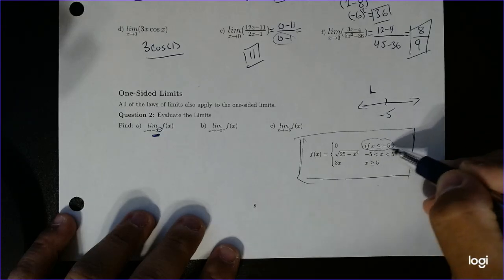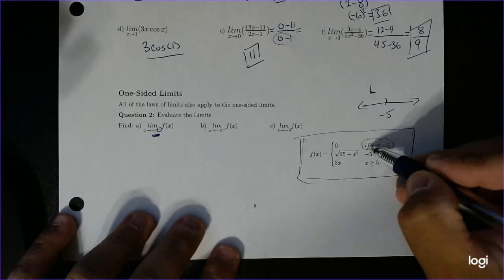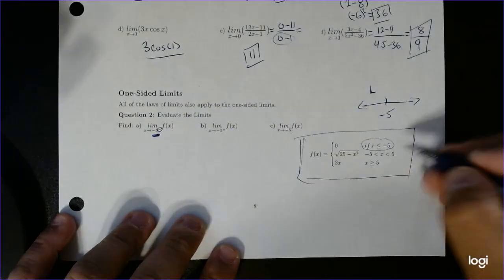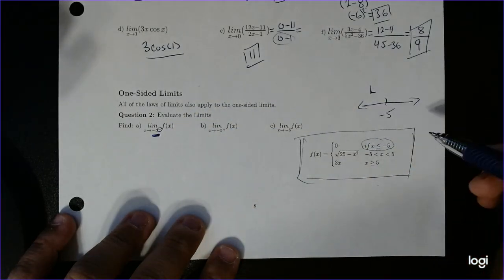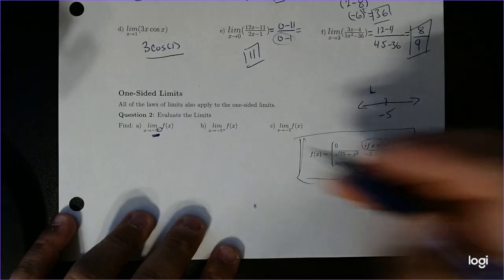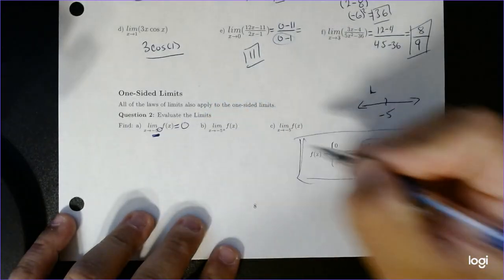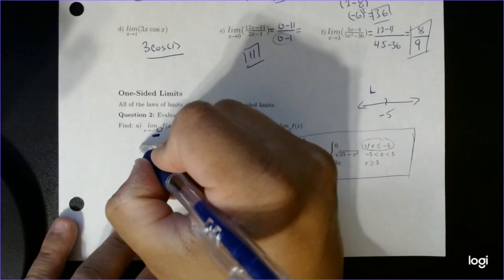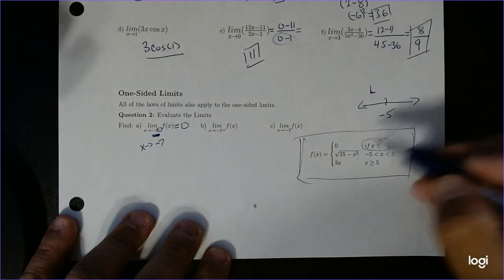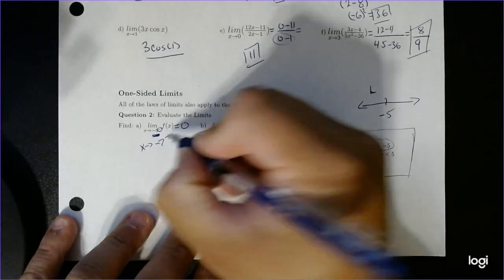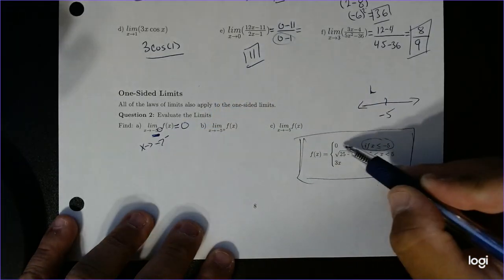Those are less than -5. So I can now plug in -5 into here because this works on the left side. So it's just a constant, so it's just going to be 0. In fact, if I take the limit as x approaches any number like -7, it's still going to be 0 because on the left-hand side, it's always going to be 0, right?